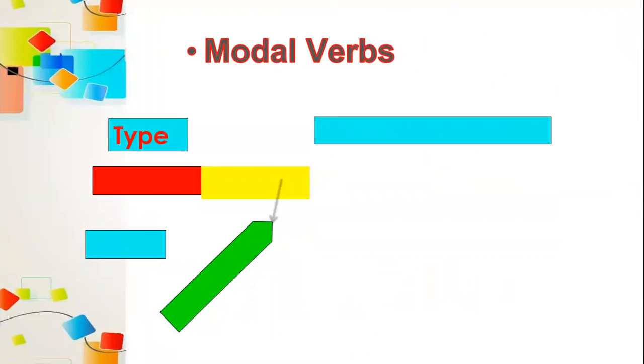Our next type of modal verb is modal verb of obligation. Modal verbs of obligation are of two types: number one, those that express strong obligation or necessity, and number two, modal verbs that express moral obligation.